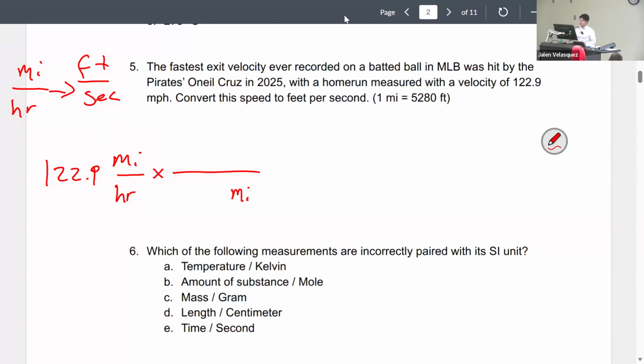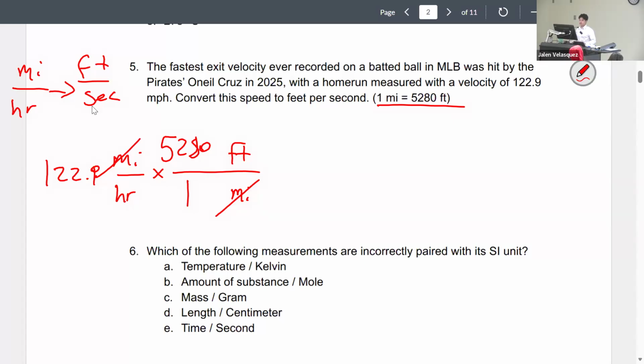Miles on the bottom. I'm solving for feet, so that's going to be on the top. And from this info that I give you here, you know that 1 mile is 5280 feet, right? So from here, your unit of miles cancels off. And now we have feet per hour, right?